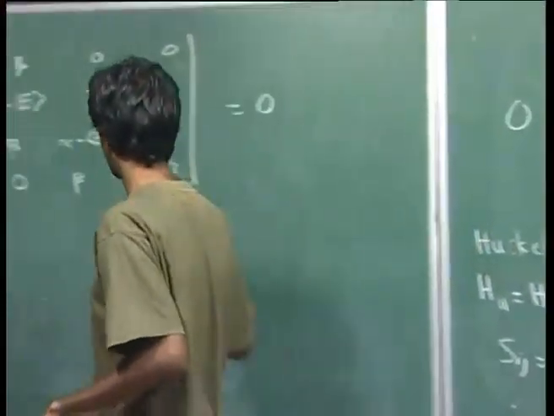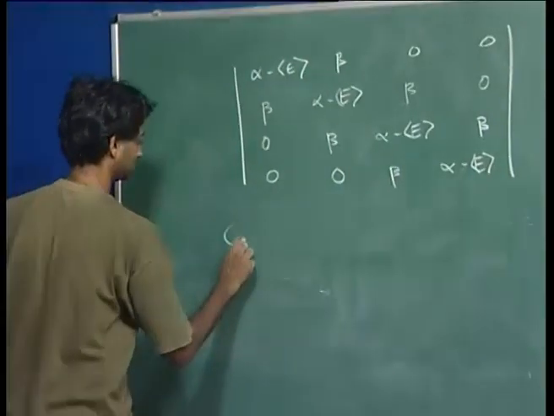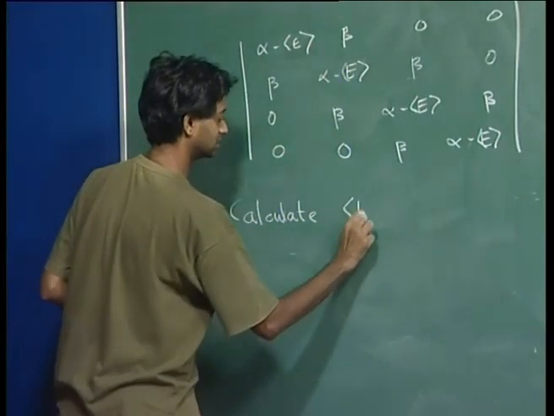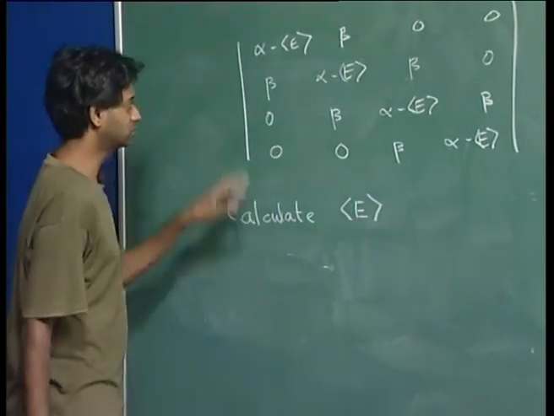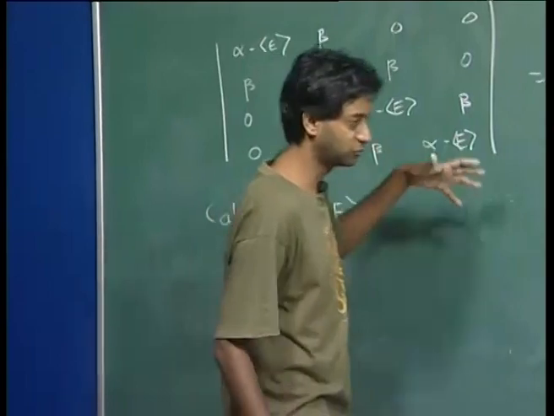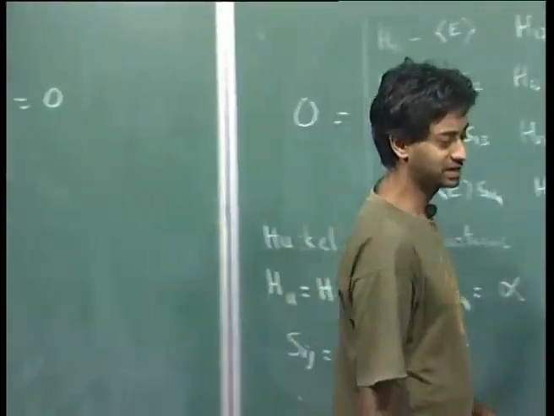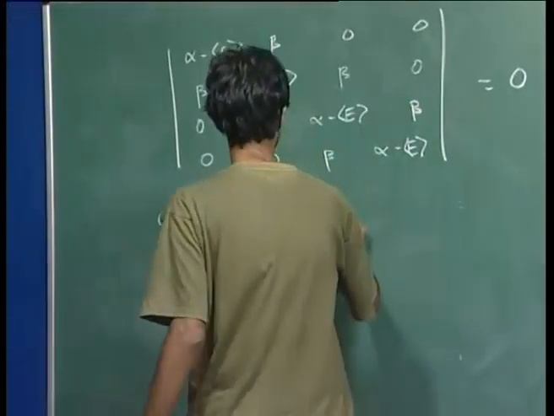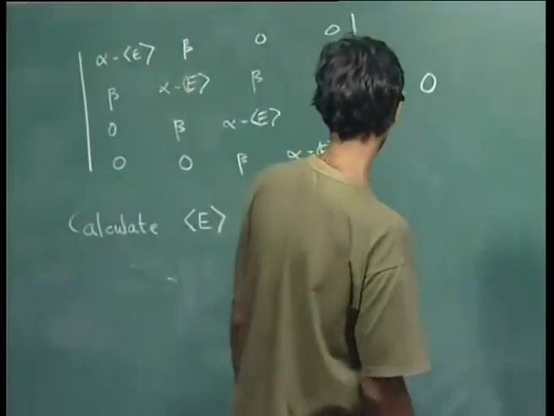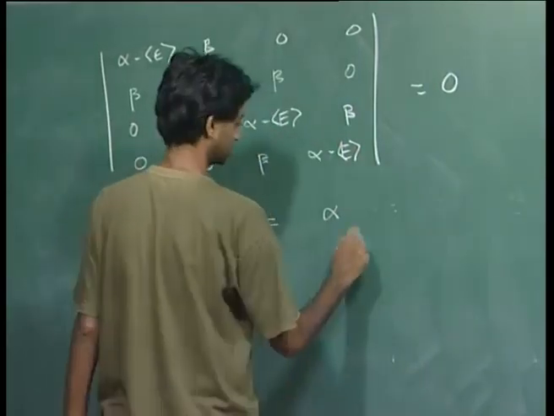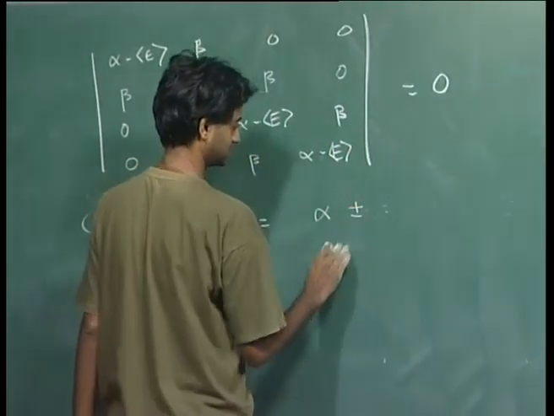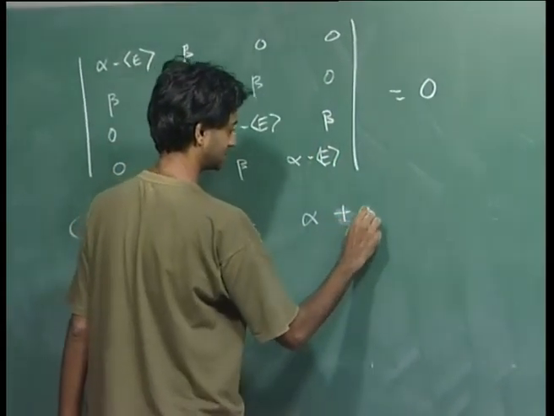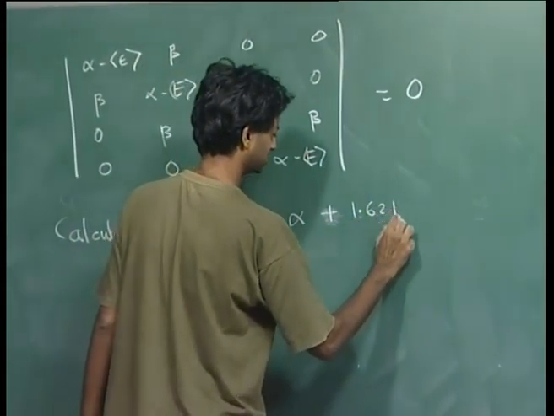And so what you can do is you can calculate E. If you set this equal to 0, you will get a 4th order polynomial in E, and you can easily calculate this, and you can show that E is equal to alpha. So it has 4 values. One value is alpha plus 1.62 beta.